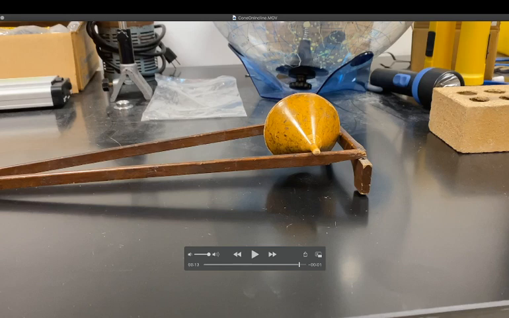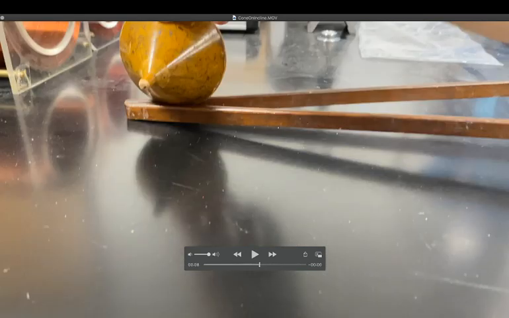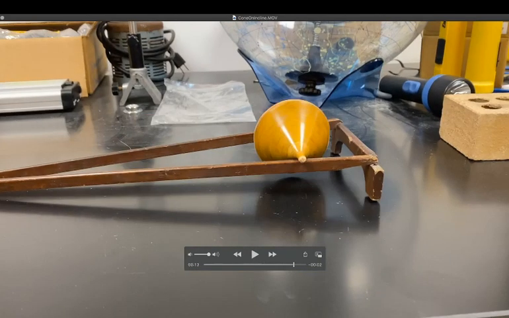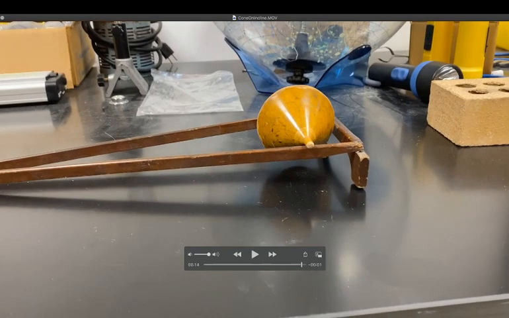And if you look carefully in the video at the beginning, when I release it, and look at where the axle is above the tabletop, and then after it rolls, and look where the axle is above the tabletop, it turns out that the axle is actually lower when it's at the end of its motion. The center of mass has actually gotten closer to the ground.